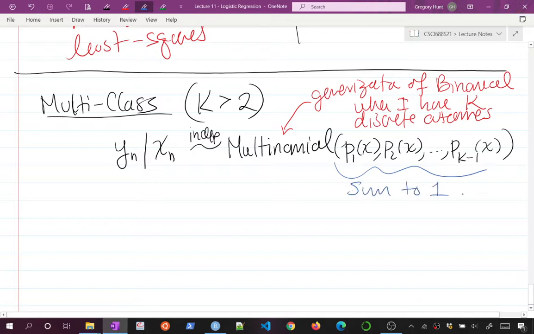So we only need k minus 1. Just like in a Bernoulli distribution, we didn't need both p0 and p1, since they sum to 1. In the multinomial case, if you know k minus 1 of them, you know the last one, because it has to be the piece that makes the sum 1. So you only ever need to think about k minus 1 of them.